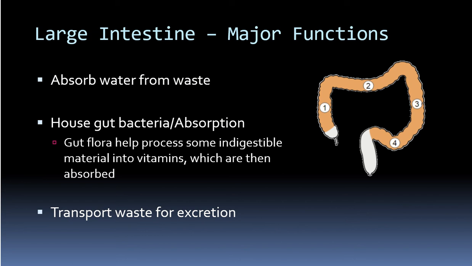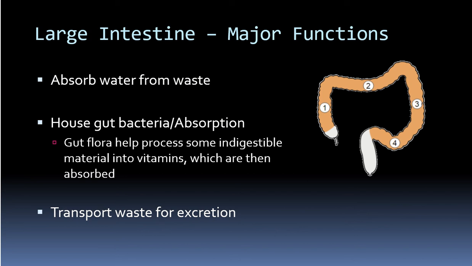Now, the large intestine also houses gut bacteria. These gut bacteria help process material that you as a human were not able to digest, converting some of that indigestible material into vitamins, which are then absorbed by the large intestine.